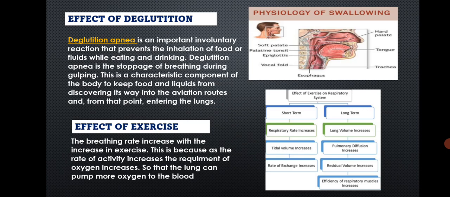You can see two columns, the short term effects and the long term effects. The short term effects include respiratory rate increases, tidal volume increases, and rate of exchange increases, and the long term effects include lung volume increases, pulmonary diffusion increases, residual volume increases, and the efficiency of respiratory muscles increases.